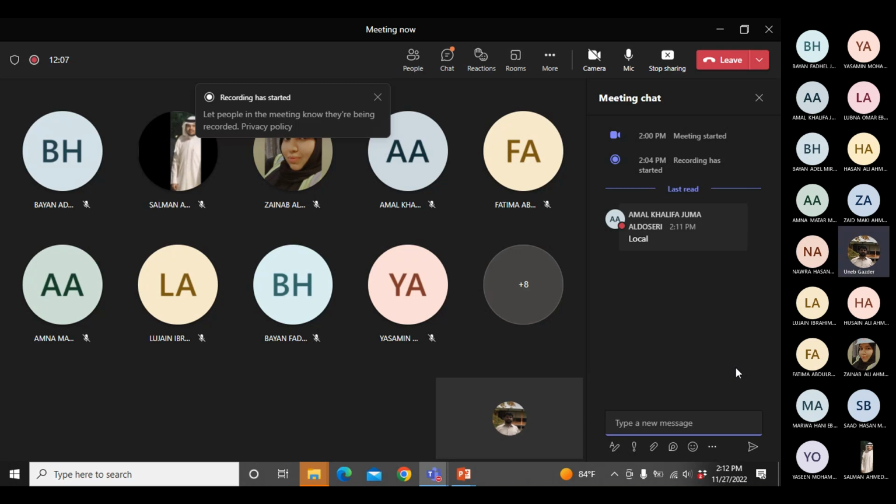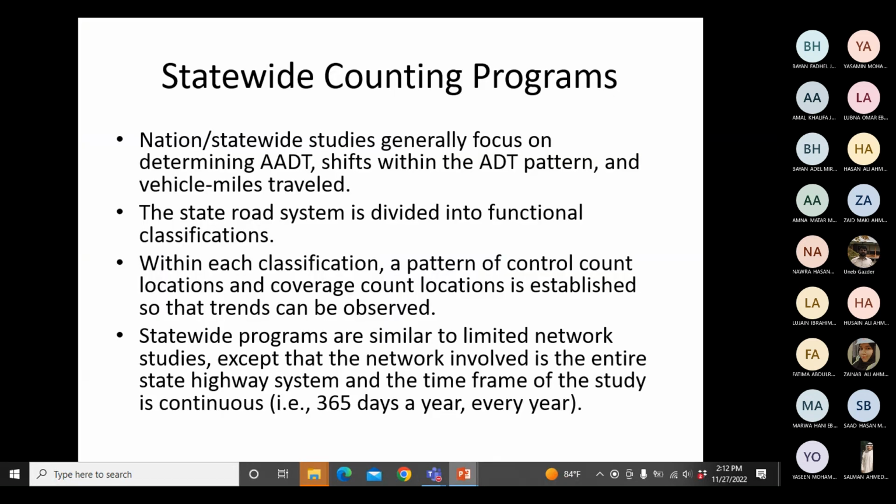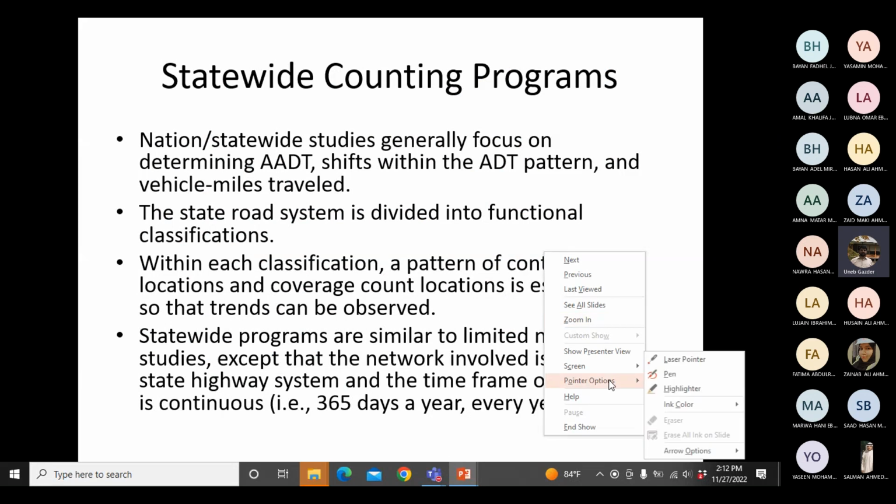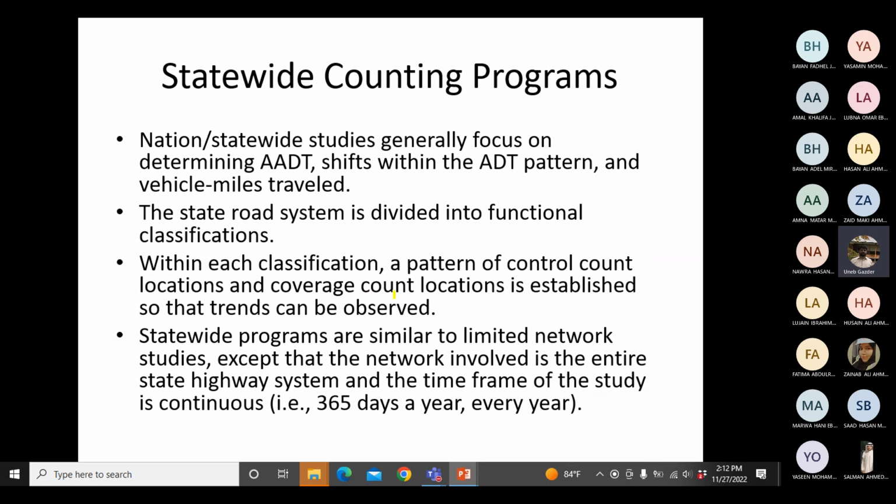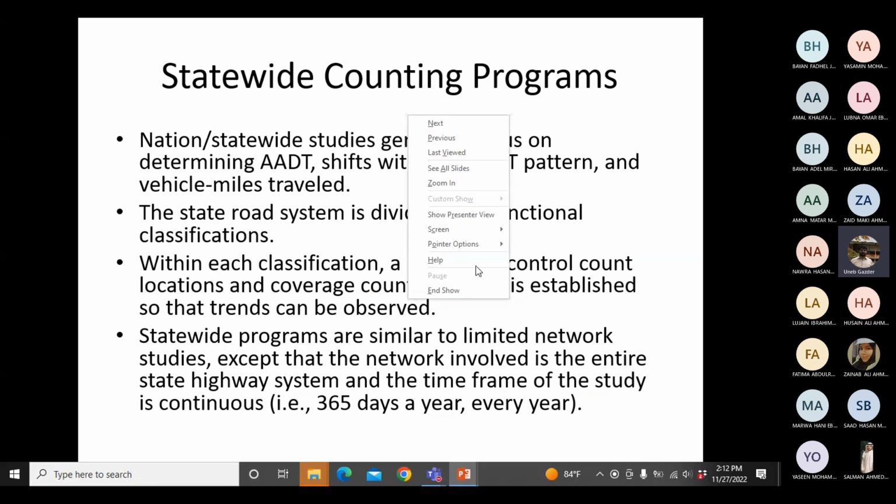For those 150 segments, I will select some locations as control counts and the other locations as coverage counts. And I will do the same thing for the other types of highways as well. So for each type of highway, you establish which locations you will take as control counts and which as coverage counts.